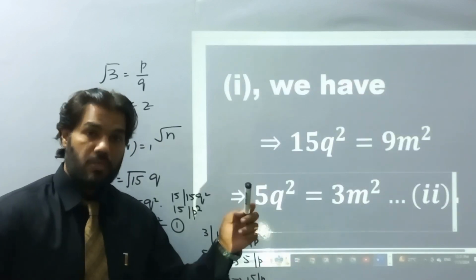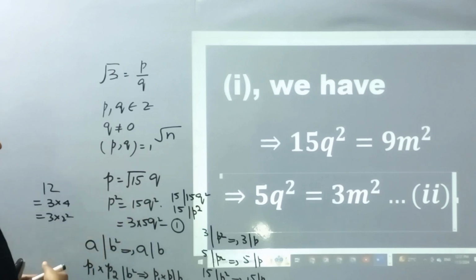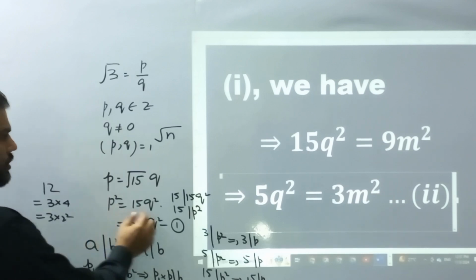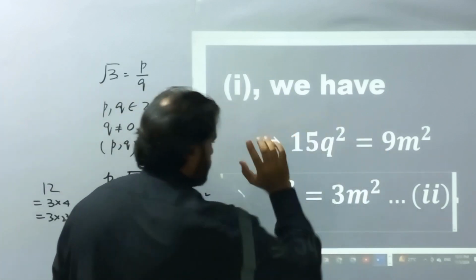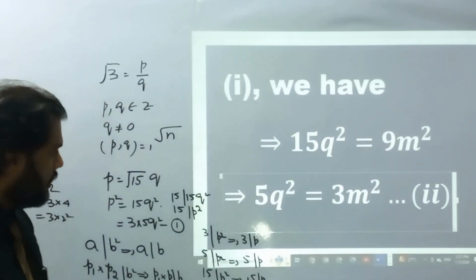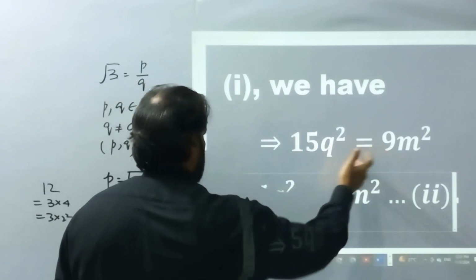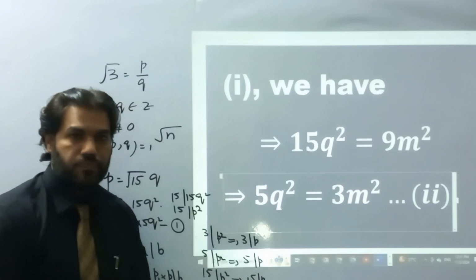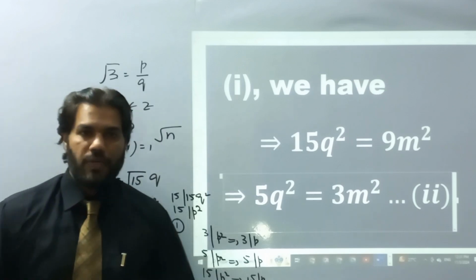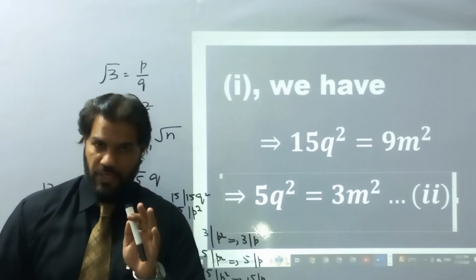Now substituting this p square in this equation, this equation will become 15q square is equal to 9m square. By cancelling 3 on both sides, we have 5q square is equal to 3m square. I need to find the value of q here, I am not interested in finding the value of m.